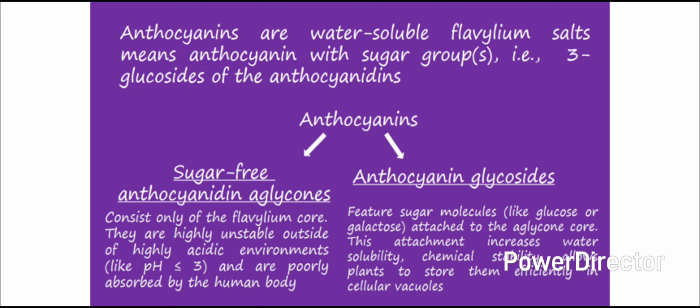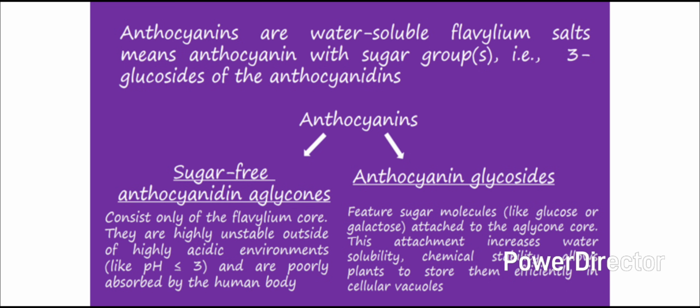Anthocyanins are water-soluble flavylium salts. Structurally, the anthocyanins with sugar groups are mostly 3-glucosides of anthocyanidins. The anthocyanins are subdivided into sugar-free anthocyanidin aglycones and the anthocyanin glycosides.